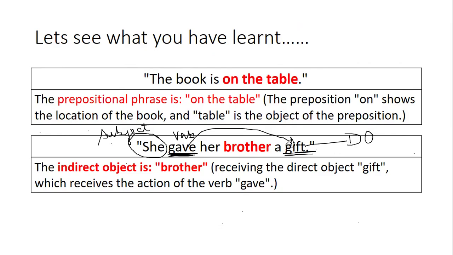And to whom was the gift given? To a brother. Brother is our indirect object. So our indirect object, brother, is receiving the direct object, gift. And what is the action? Verb, gave. So, my dear friends, it's very, very easy to find out the objects.